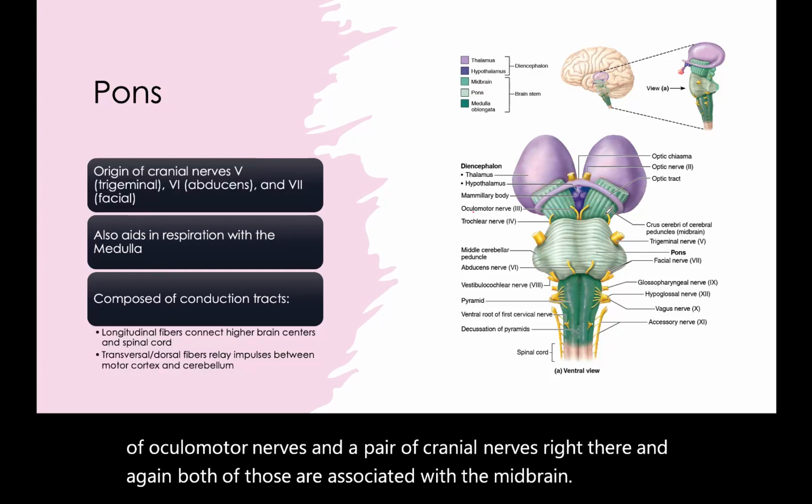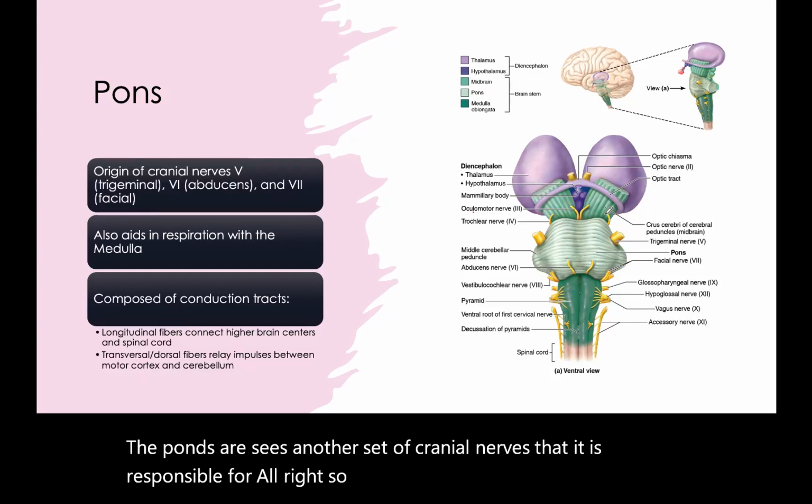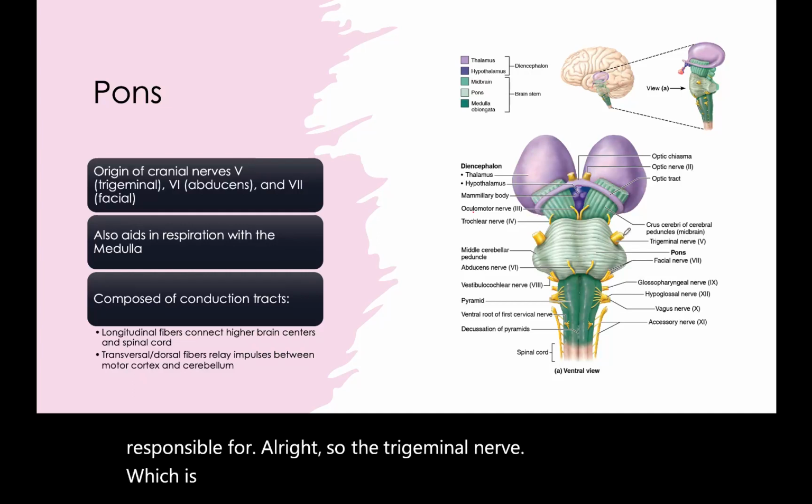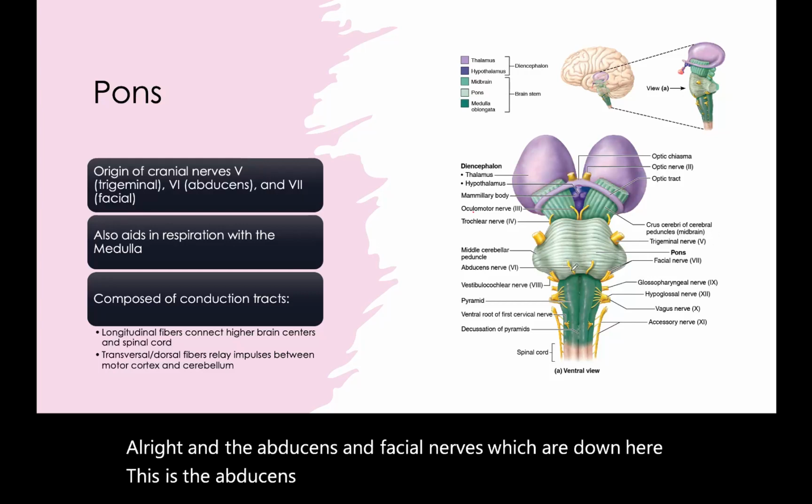The pons has another set of cranial nerves that it is responsible for. The trigeminal nerve, which is right here. And the abducens and facial nerves, which are down here. This is the abducens nerve, cranial nerve 6.